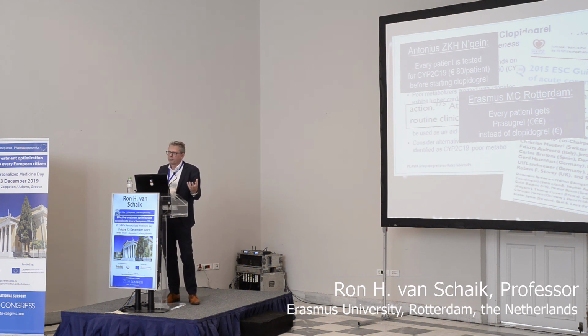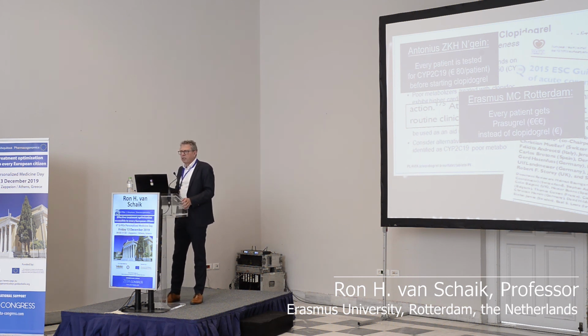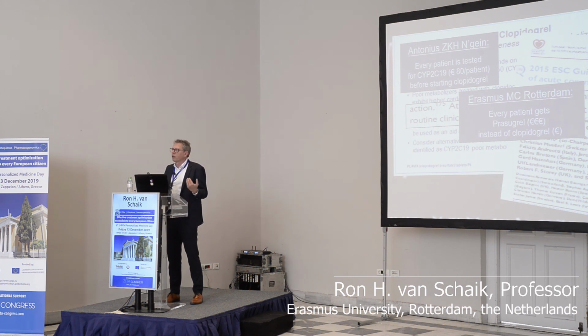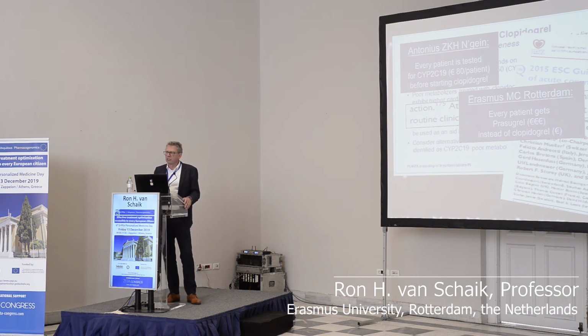It's much simpler. And then I told him, well, that's much more expensive. I thought I had a good argument there. And then he said, well, the DNA test we have to pay from the department budget. But the drug goes from the hospital budget, so as a department head, I do not feel those costs. So then you can see that there are all kinds of other arguments why pharmacogenetics is not always acceptable.